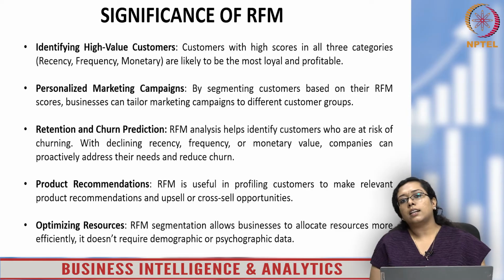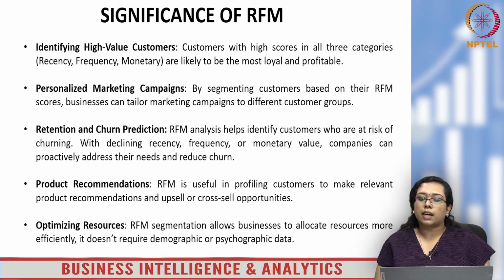With declining recency, frequency or monetary values, the companies can know which customers are likely to churn off, especially if the customers were of high net worth or high RFM previously and now their RFM is decreasing. That is an indicator that the customer may churn. So the business might proactively give out strategies for retaining those customers.